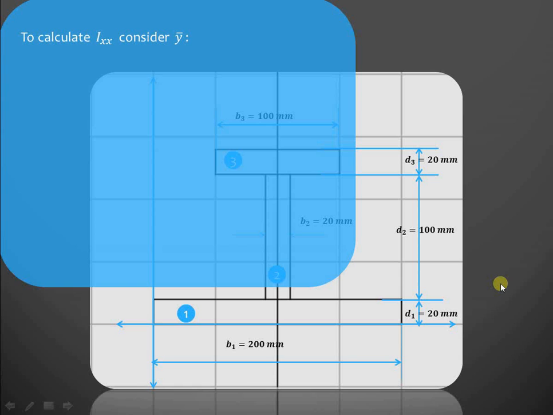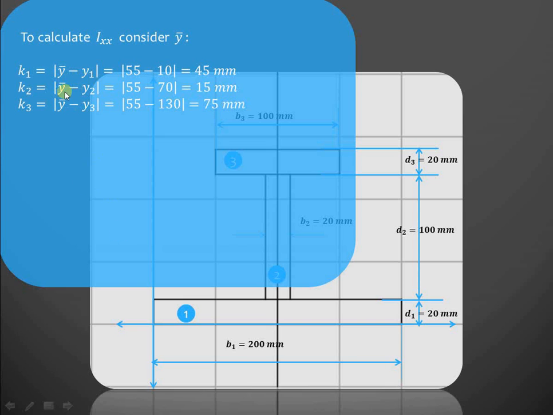Now to calculate the value of Ixx, consider y bar and find out the distance k. So it is y bar minus y1, y bar minus y2, and so on, and this is again a mod sign, that is we have to take the positive values over here. And then according to the parallel axis theorem, Ixx1 is 1 by 12 b1 d1 cube plus a1 k1 square. Similarly for the second section it is 1 by 12 b2 d2 cube plus a2 k2 square.